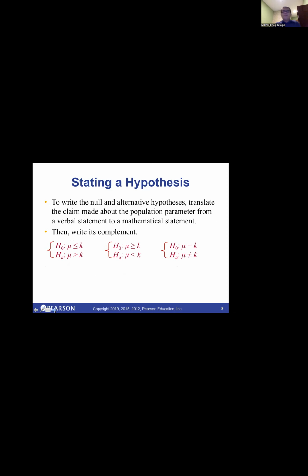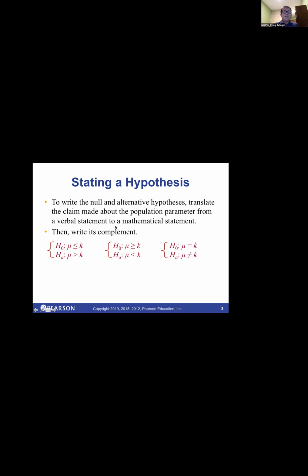Since we are talking about mathematical operations, these are the different pairs of complements. H0 is the complement of HA, and HA is the complement of H0. These two are one possible pair.